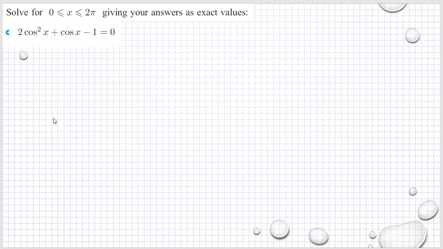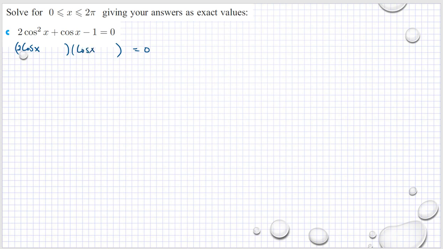Okay, let's try the last one that we have. We have 2 cosine squared x plus cosine x minus 1. If we're going to factor that, we have 2 cosine x, then we have cosine x there.